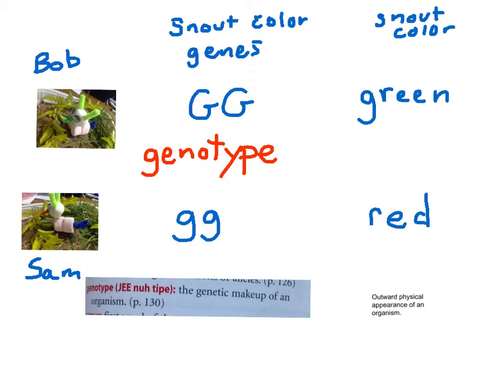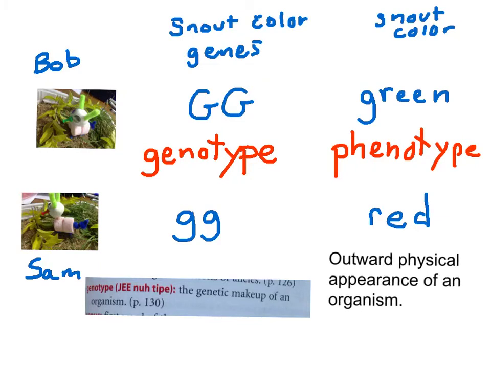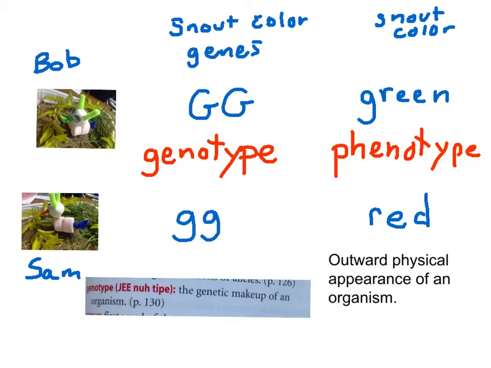Now, what they look like, their physical appearance, we use the word phenotype. And phenotype is defined as the outward physical appearance of an organism, or it could be some function as well.